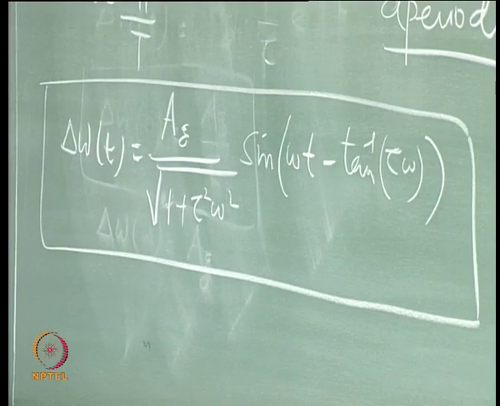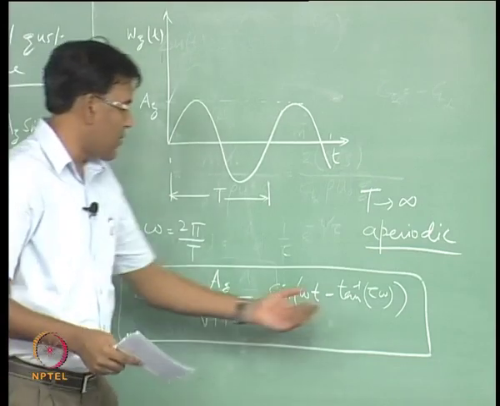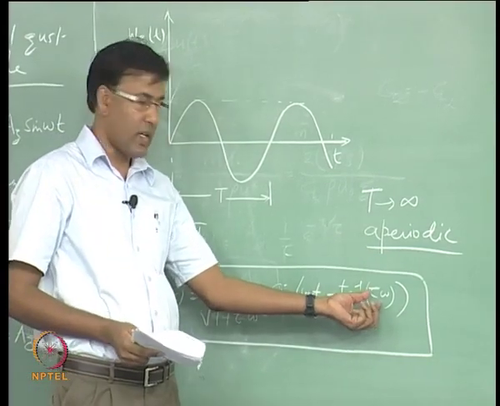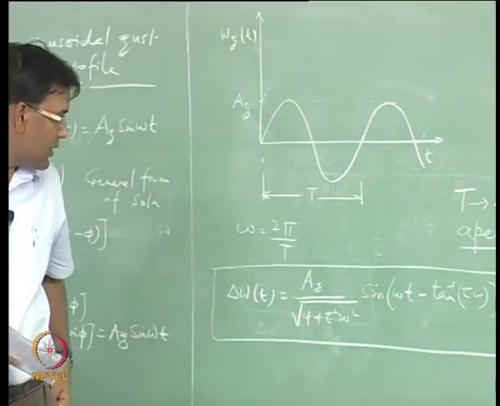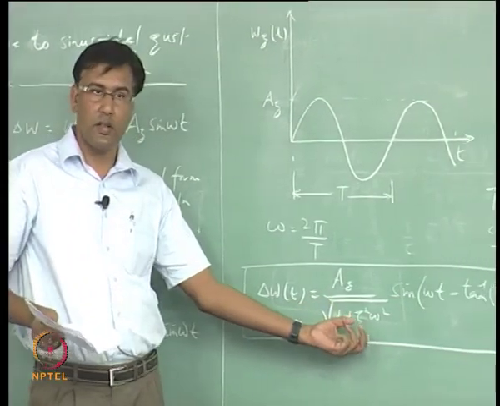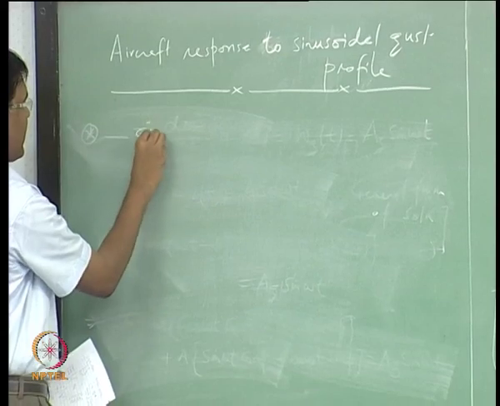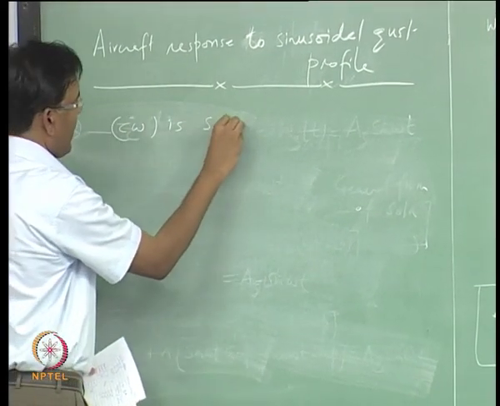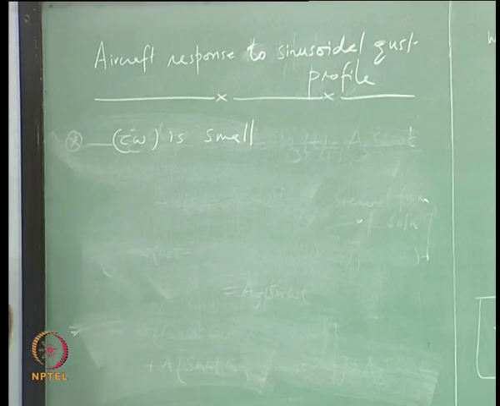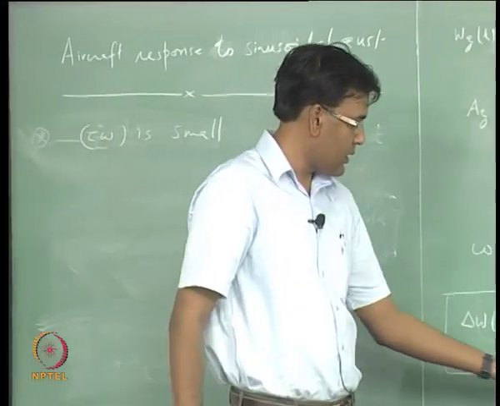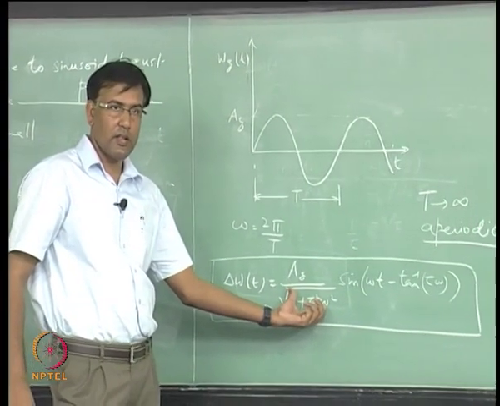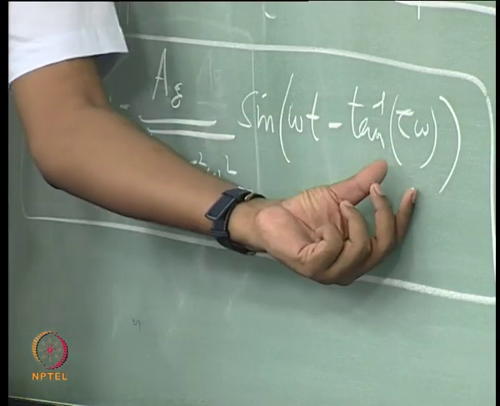Right. So, there is a time lag involved here, which depends upon the time constant and the frequency of the gust profile, right, and even the amplitude depends upon these two parameters. So, when this parameter is small, right, what is happening? This is very small, this is also small.